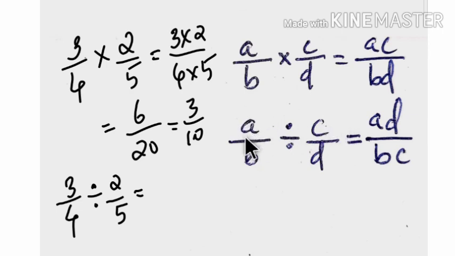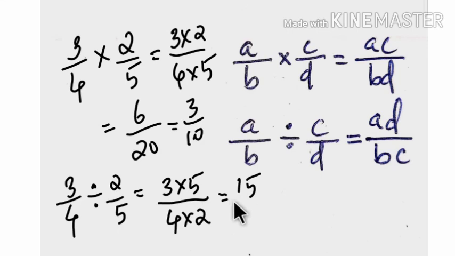Numerator of first into denominator of second, that is 3 into 5, divided by bc, which means denominator of first into numerator of second, 4 into 2. 3 into 5 is 15, and 4 into 2 is 8. So the final answer is 15 by 8.